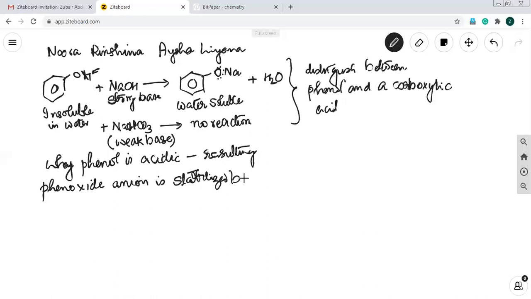You have to draw the resonance structure as an answer. Don't forget that. You know very well how to draw the resonance structure of phenoxide anion. We have done it before in the class. So draw resonance structures.